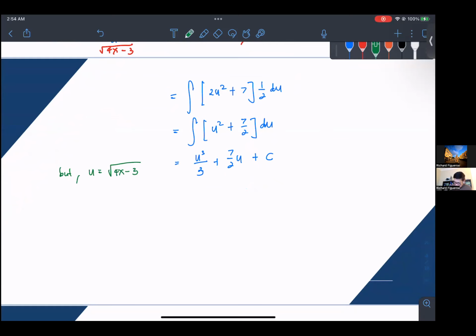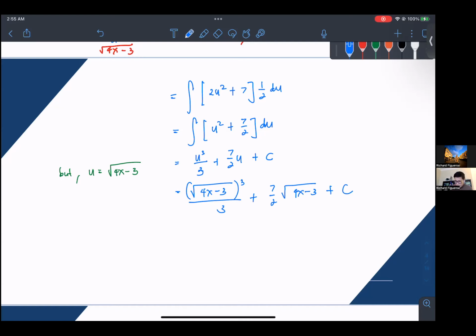So simply the square root of 4x minus 3, raised to the cube all over 3, then plus 7 over 2 square root of 4x minus 3 plus c.